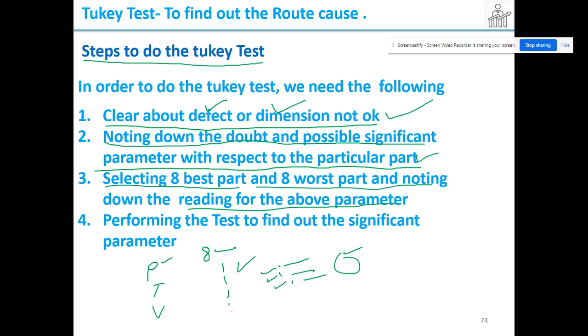What was the parameter for the 8 parts on pressure, temperature, velocity, and 8 worst parts that gave you a wrong result, like the output varied or the dimension or defect varied. For that worst part also we shall have the parameters for pressure, temperature, and viscosity, for example. And then we can perform the Tukey test and find out which one of the parameters is affecting my dimension or defect.